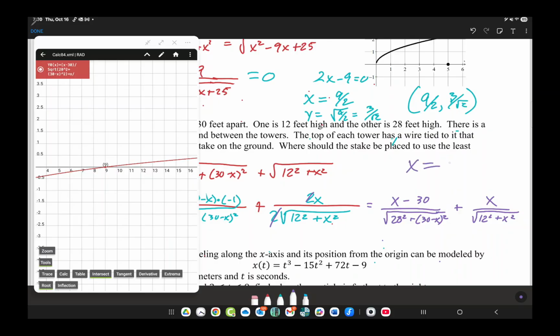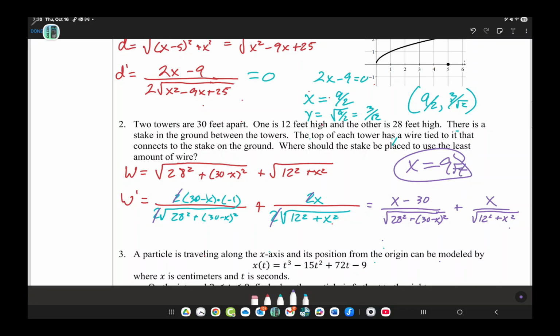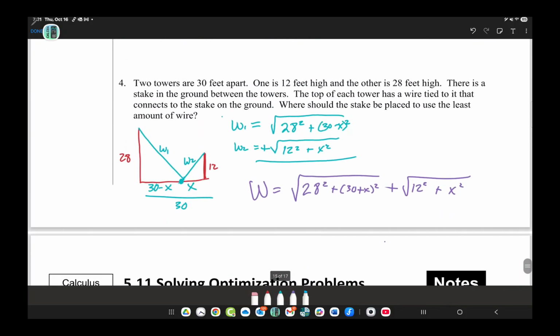So x equals 9. Now in this case, they want to know 9 feet. Okay, so do make sure you put the units involved. So 9 feet. Now, what that means in context, since we said back in our previous question that x is the distance from the shorter tower, you may have to phrase it specifically that x is 9 feet from the 12-foot tower and 21 feet from the 28-foot tower.